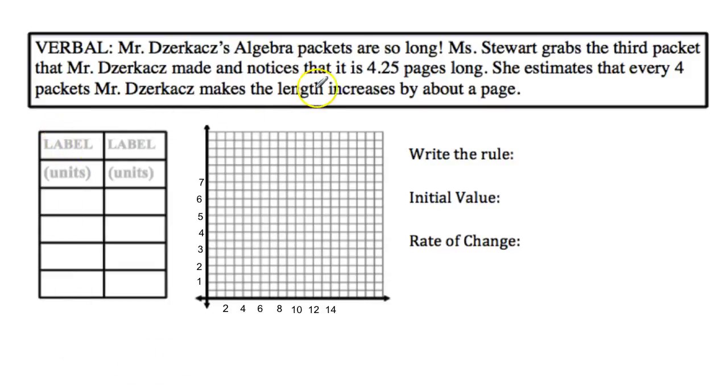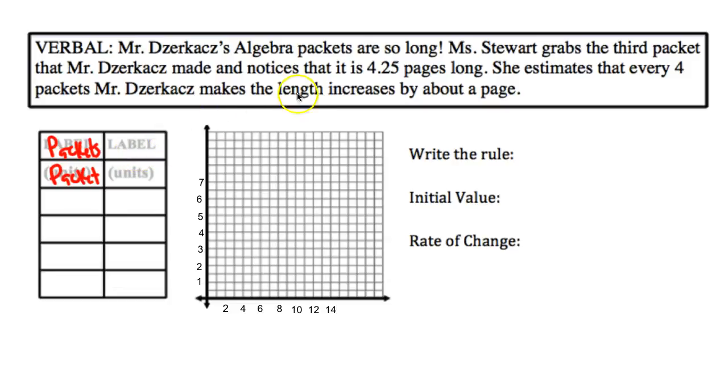For the first one, I know I have packets. It says my packets are so long. She grabbed the third packet. It's 4.25 pages long. So the label is packets, and the unit is just packet. So down here we're gonna call these packets.